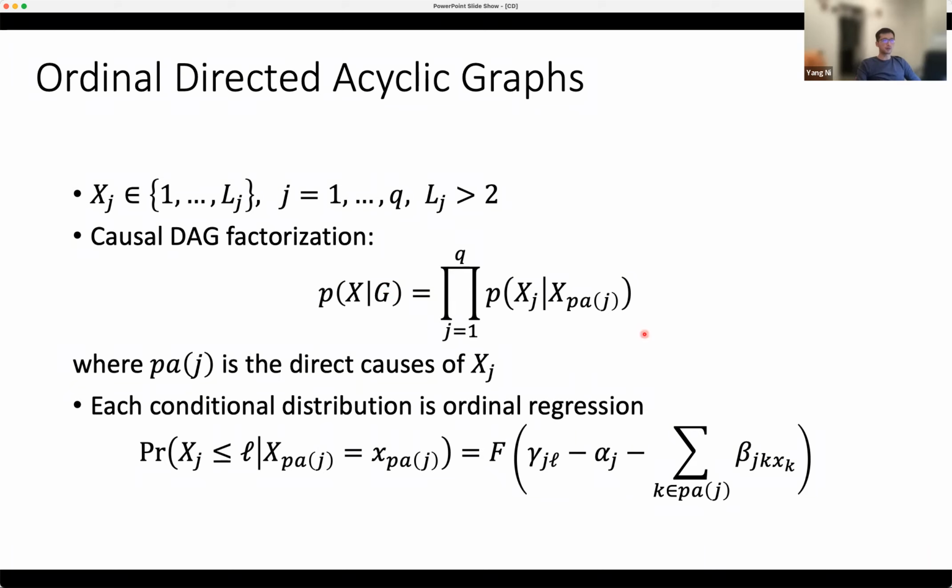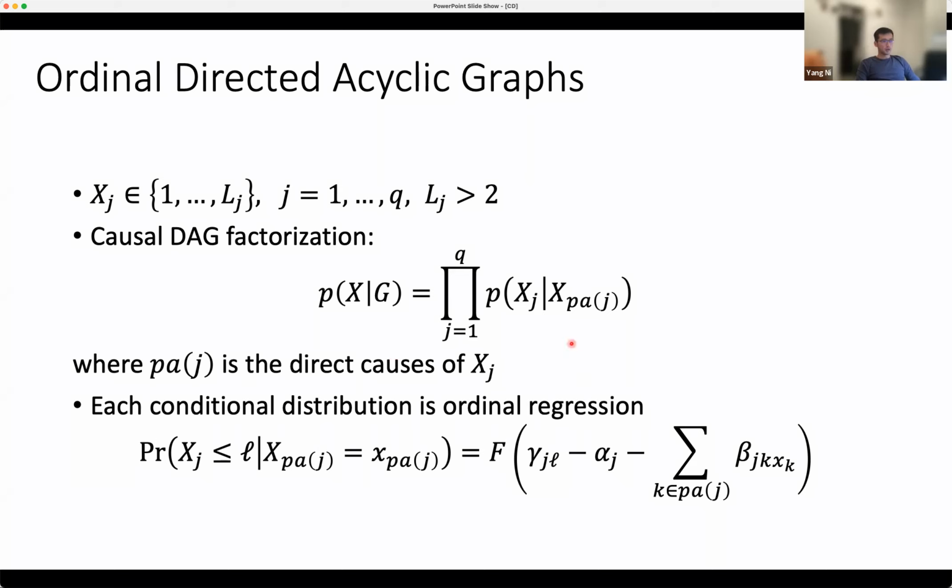So this is nothing new. This is basically the definition of a causal graphical model, sometimes also known as a Bayesian network.